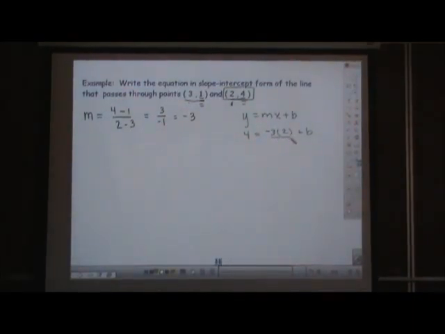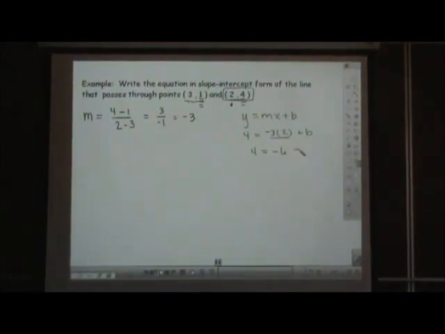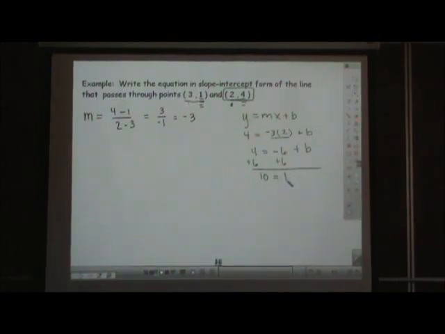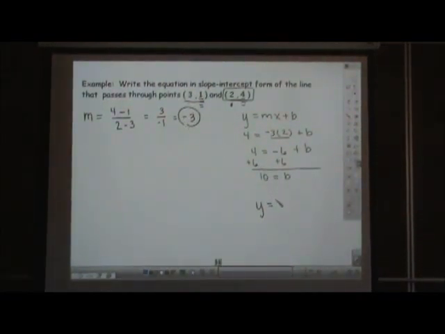So if I multiply these two together, I'll get -6 on that side. And then I can add 6 to both sides, and I'll find out that 10 is equal to b. So when I write the equation for this, y equals, got to get my slope from over here where I found it, -3x, and then get my intercept from where I found it here, plus 10.